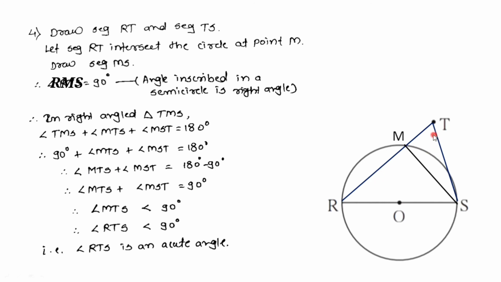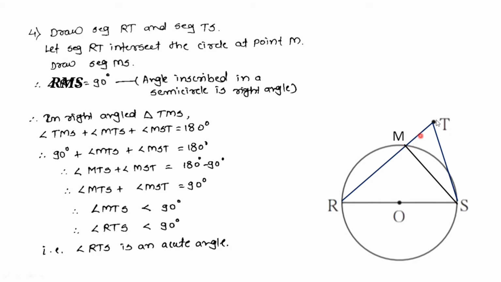So as in the diagram, we can see angle MTS plus angle MST, the measure of these two angles is 90 degrees. Now, if we consider any one of them, that is, angle MTS, it must be less than 90 degrees because the sum of these two angles is equal to 90. That means any one of them must be less than 90.